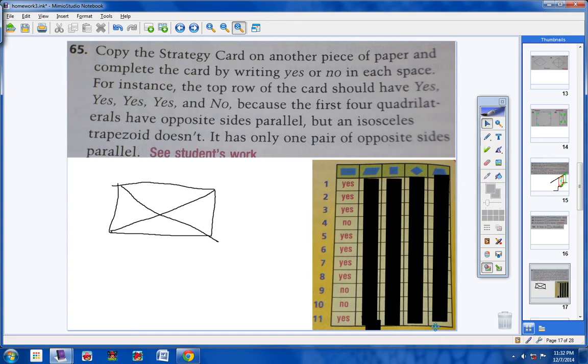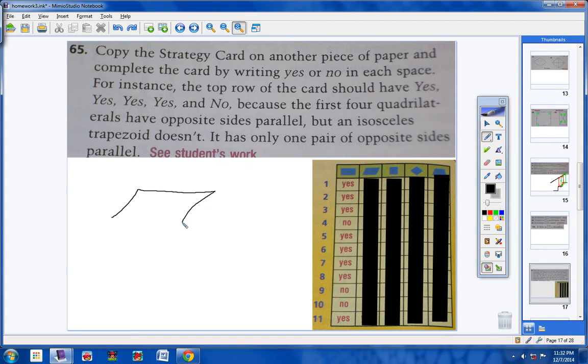Yes, that is true. Okay, moving on to a parallelogram. Here it is right here. Column number 2, parallelogram. Here we go, number 1. Opposite sides are parallel. Yes, definitely. Number 2, opposite angles are congruent.